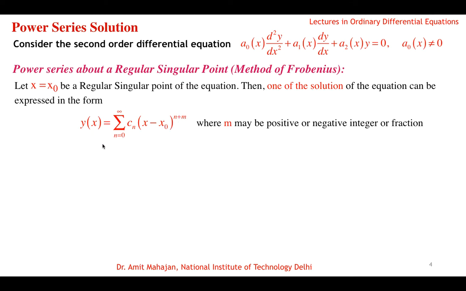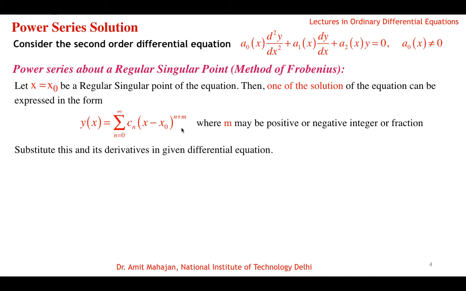Okay, so the method we already know, that we have to take two derivatives of this, substitute it here. Okay, then we can solve that polynomial equation for all the constants c1, c0, c2, c3, and so on. Okay, so substitute this and its derivatives in the given differential equation, but we also need to calculate this m.